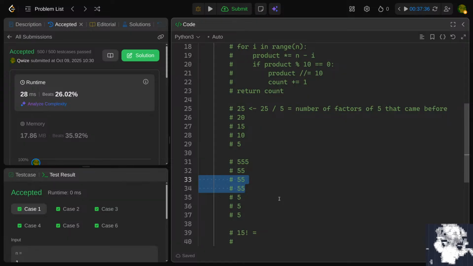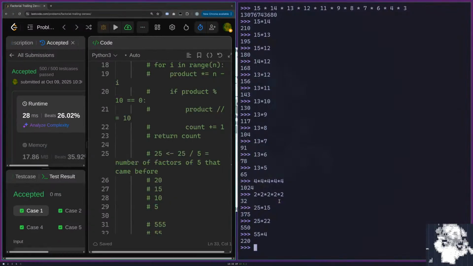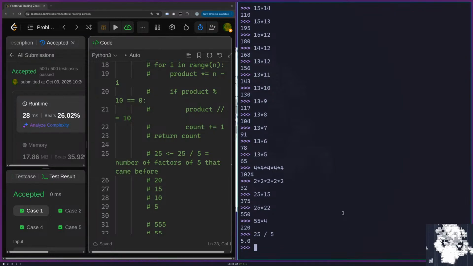Actually, is that even true? Does it really look like a pyramid like that? Because you have 25, if you divide that by 5, you get an extra factor of 5. If you have 30, that's not an extra factor of 5.